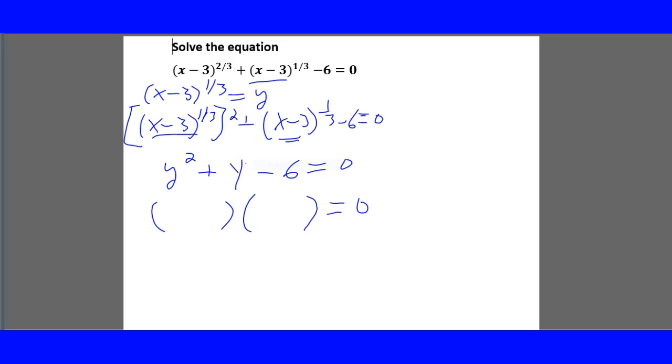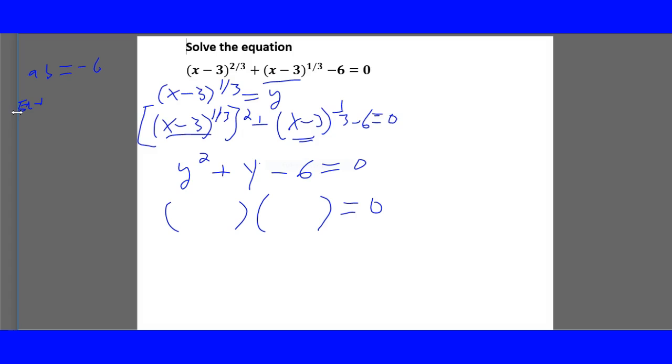We need two numbers that multiply to give -6 and add to give plus 1.